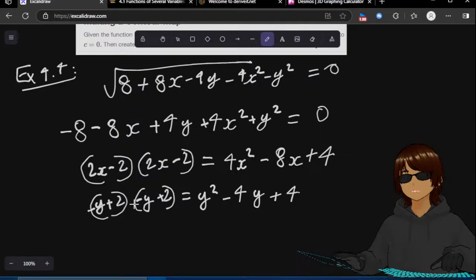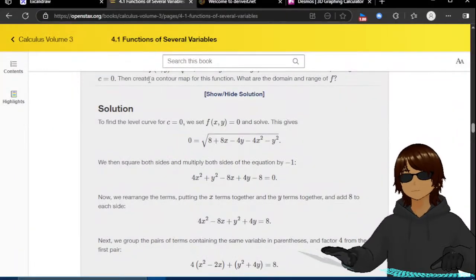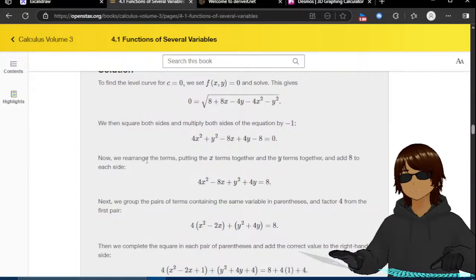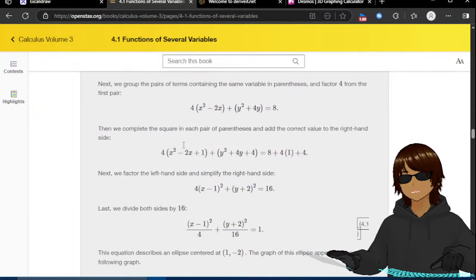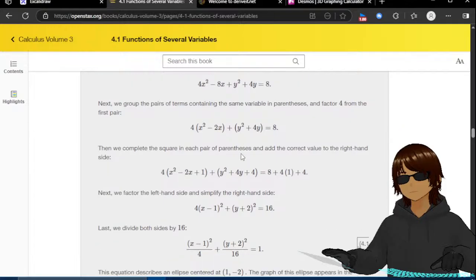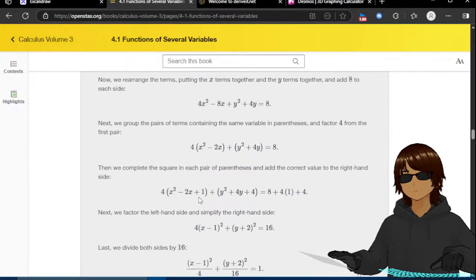It's not going to make a difference, I think. Now we arrange the terms, putting the x terms together and the y terms together. Now we group them. Then we complete the square in each parenthesis and add the correct value to the right hand side. Yeah, I don't understand what they did.